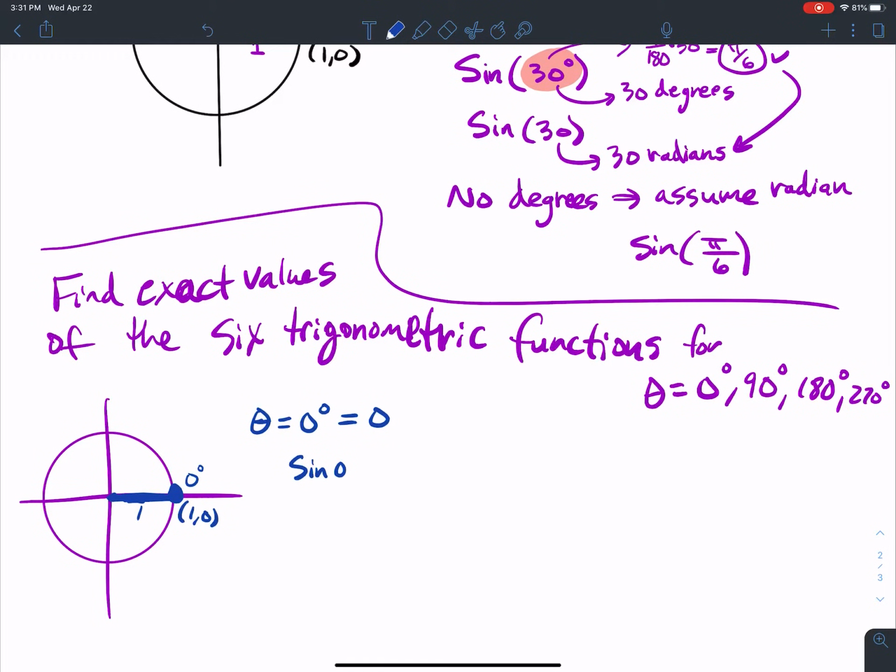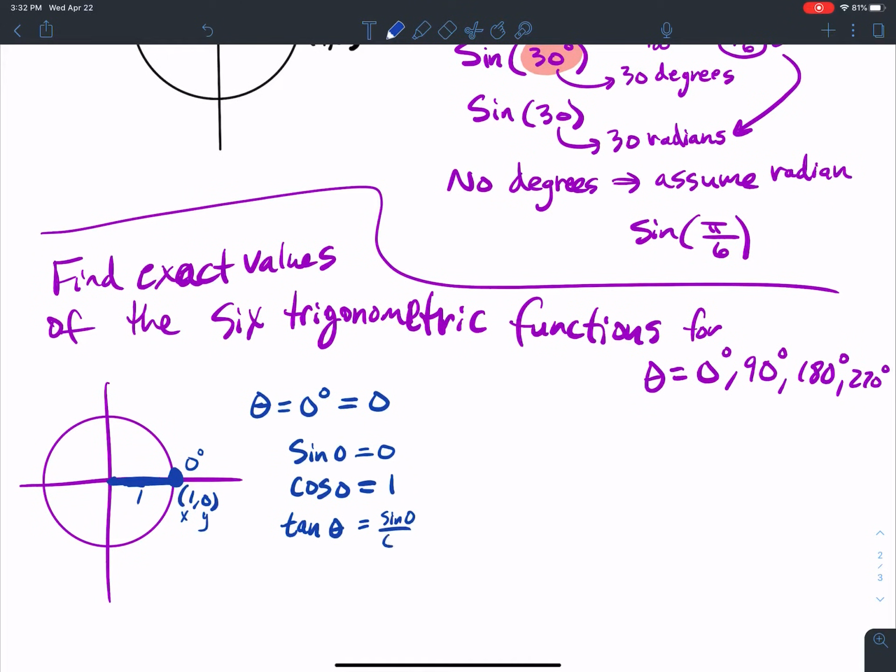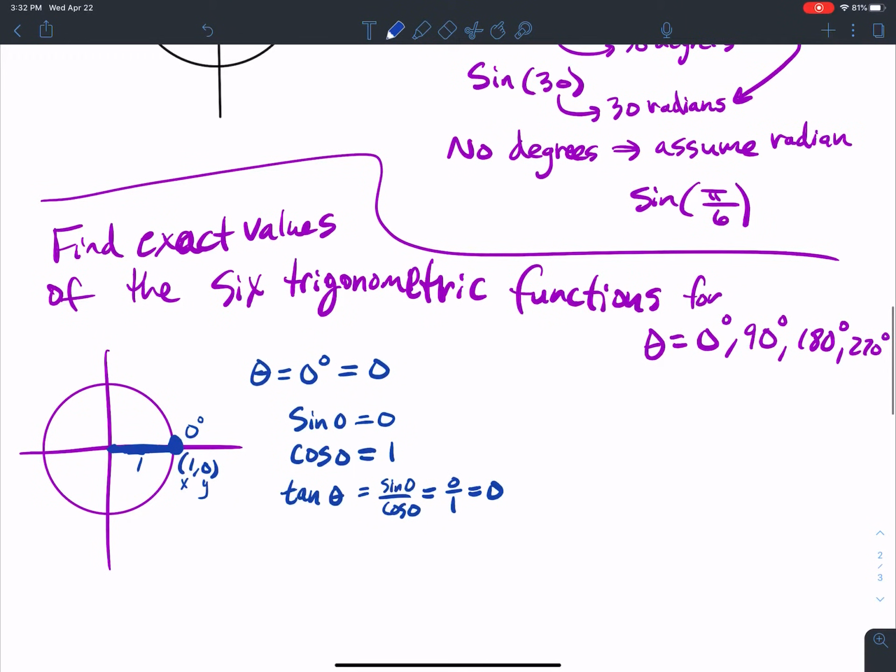So the sine of theta, the y value here, is 0. The cosine of 0 is 1. Now, the tangent of 0 is sine 0 over cosine 0, so that's 0 over 1, which is 0.